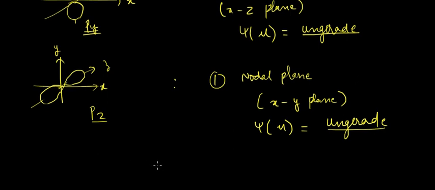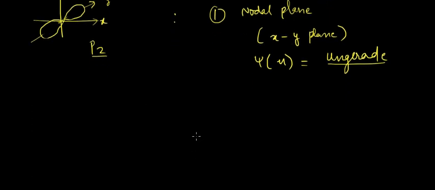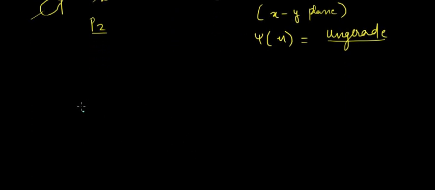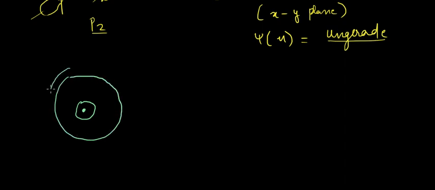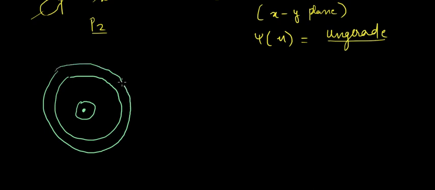So let's look at the shape of combined s and p orbital. So how would it look like? So our s orbital would look like, so this is the nucleus. S orbital would be something like this, and p orbital would look like this. Okay, this would be p orbital.